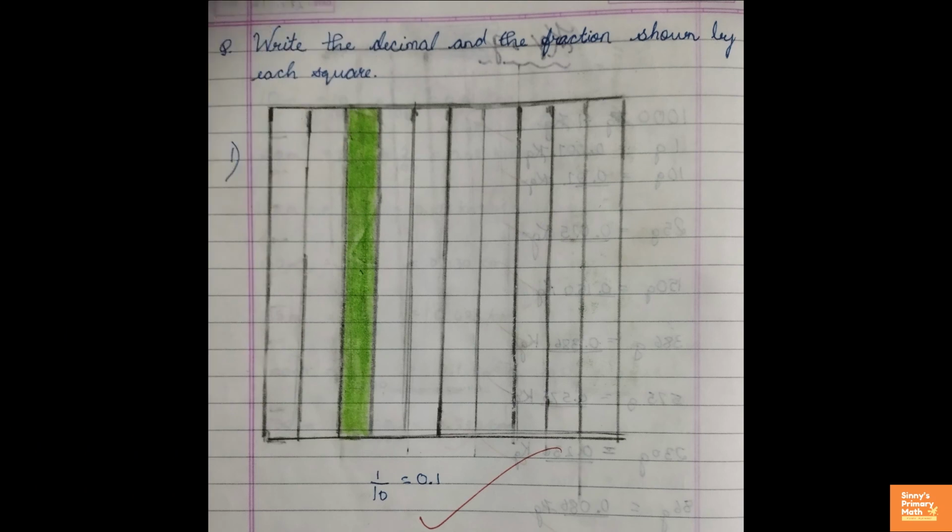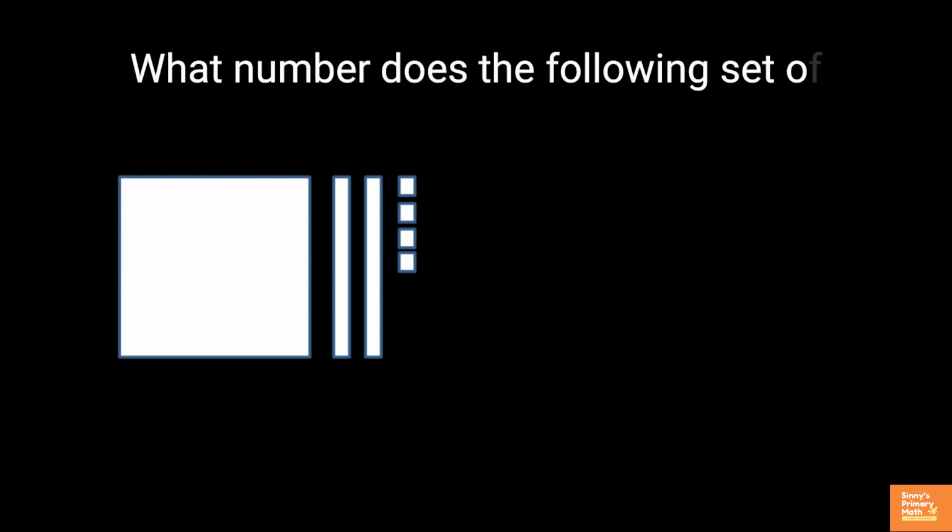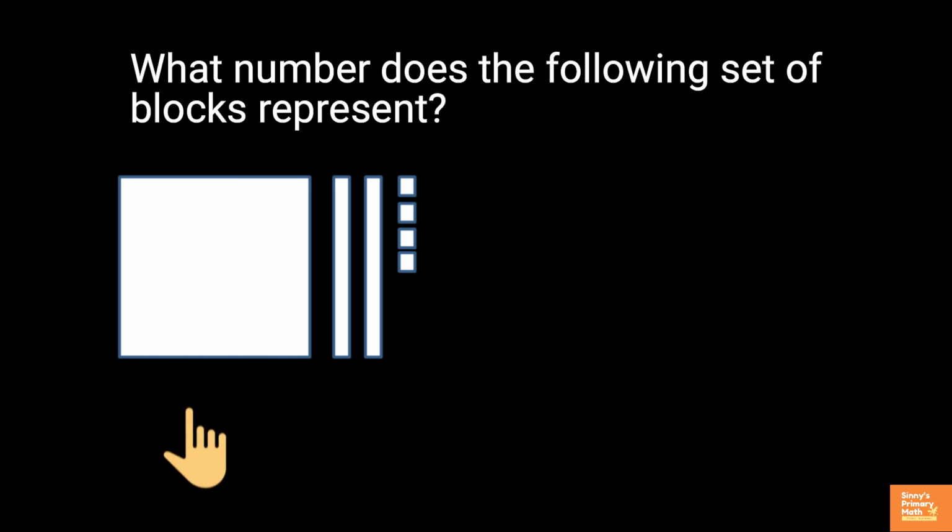To verify their understanding, give them another exercise. What number does the following set of blocks represent? There is one large square, so the ones digit is 1. There are two 1/10 strips, so the tenths digit is 2.